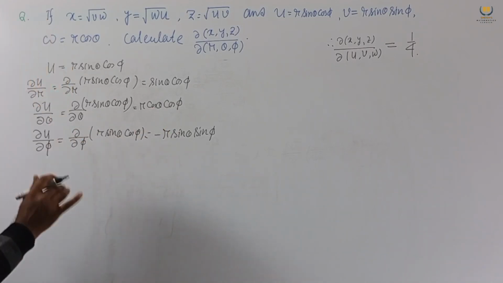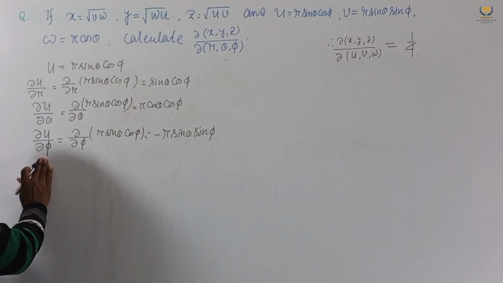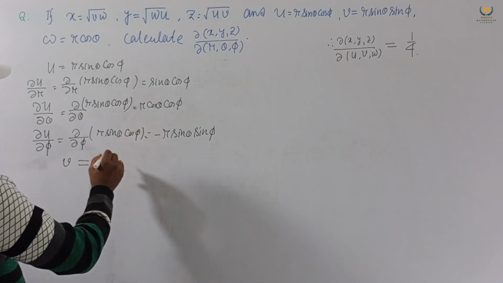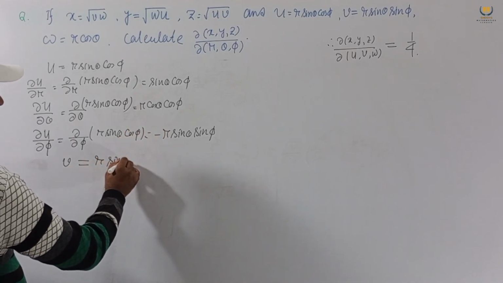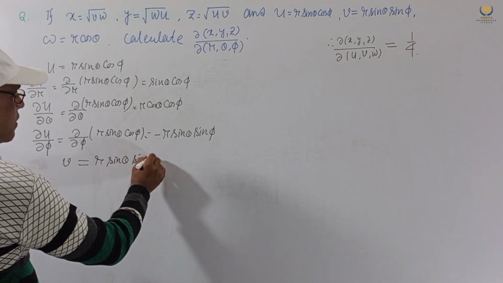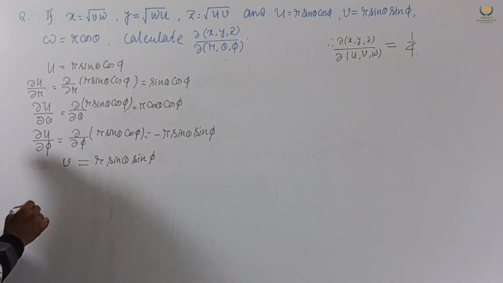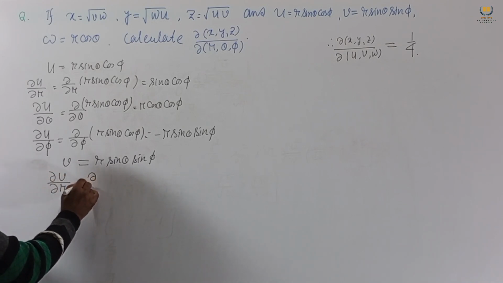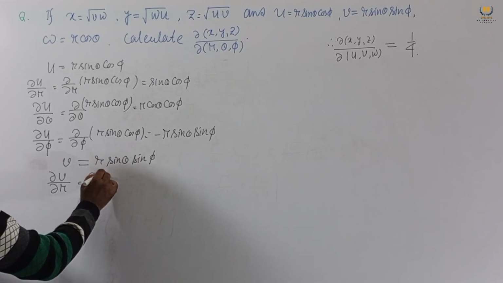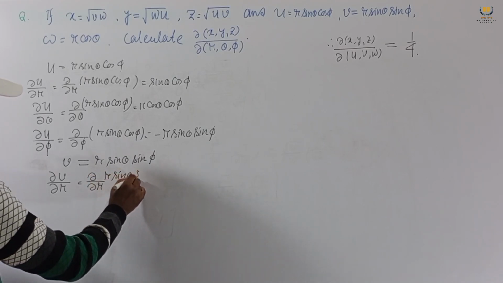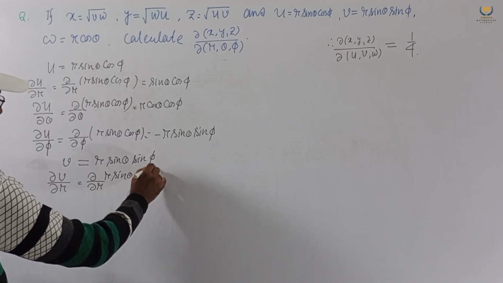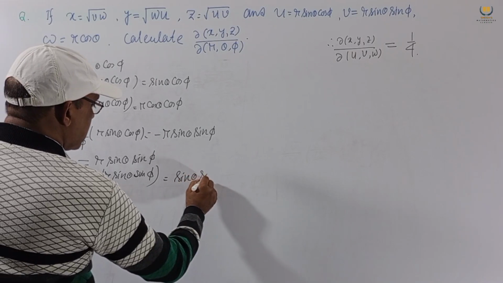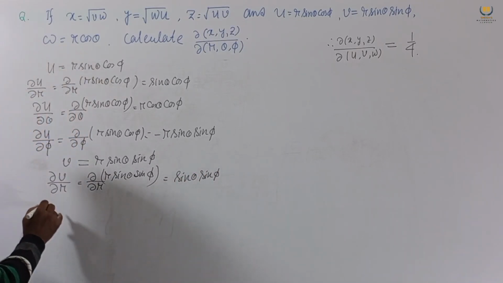So u is finished. Next we consider v. V equals r sin theta sin phi. So del v by del r, del by del r of r sin theta sin phi, this is sin theta sin phi.